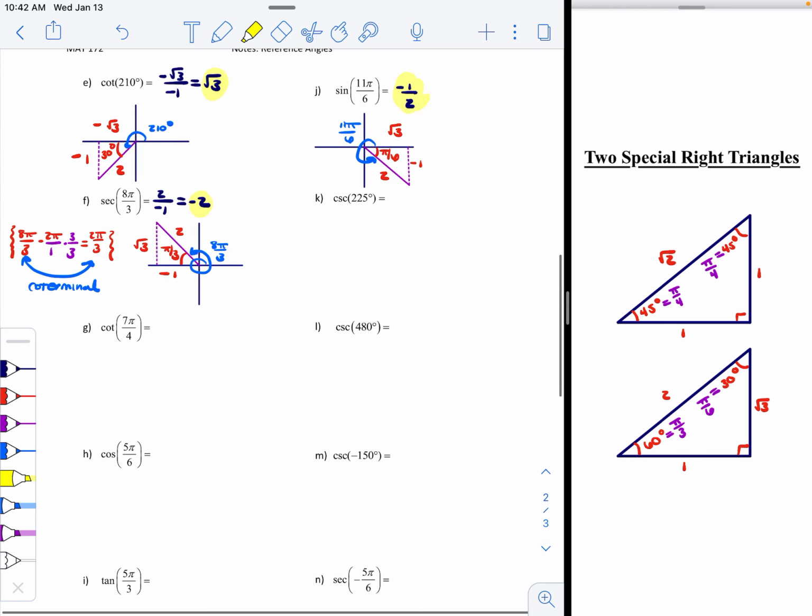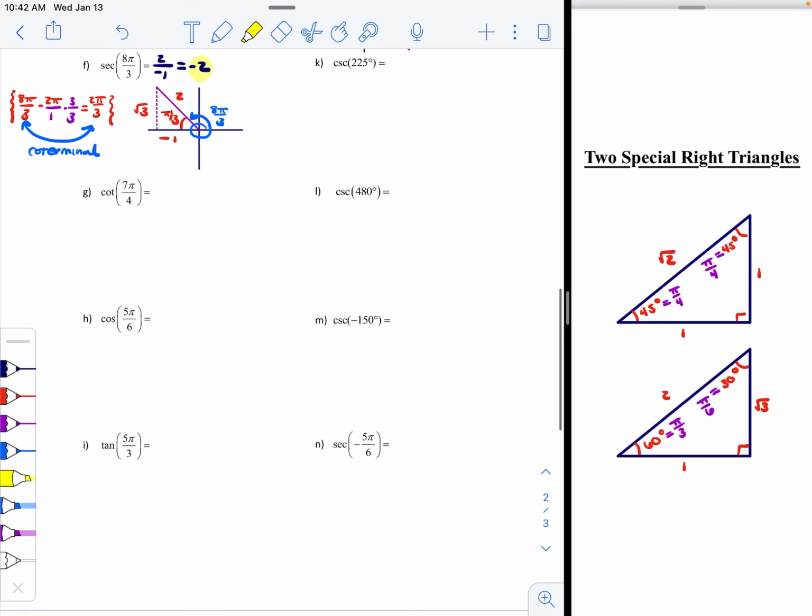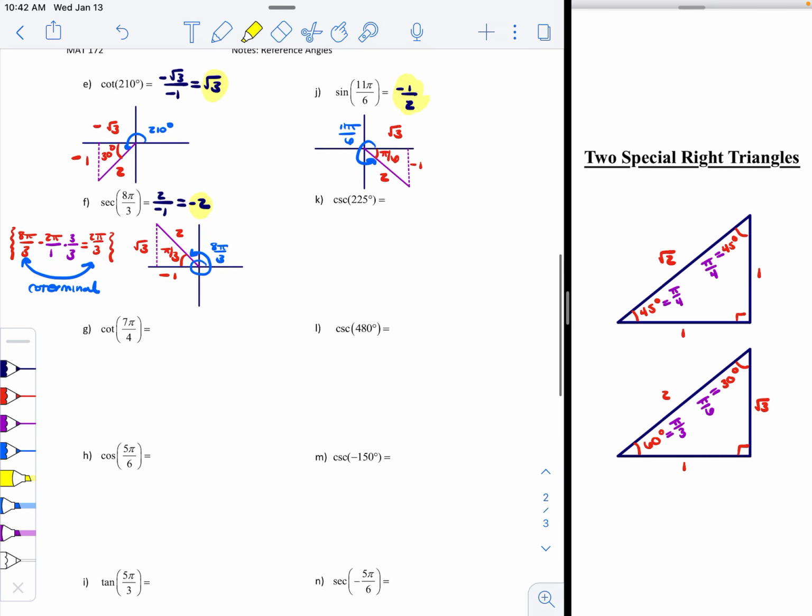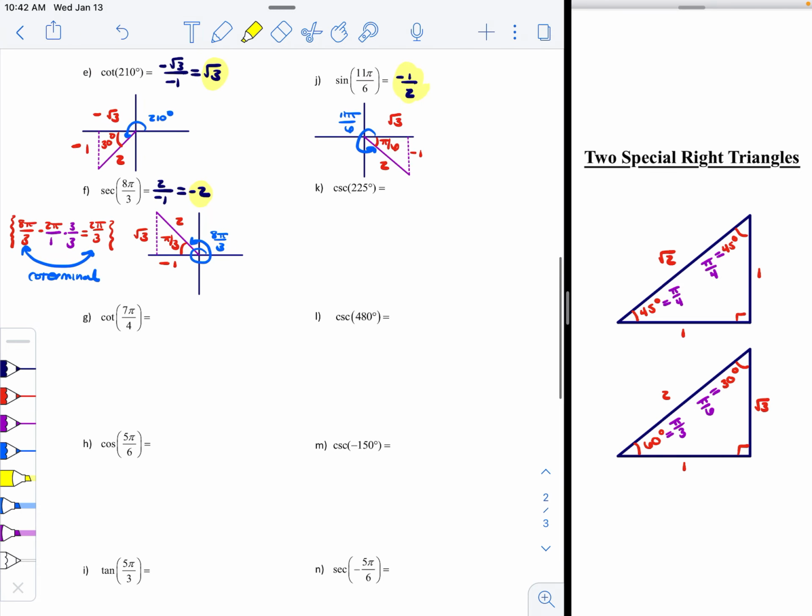Secant is the reciprocal of cosine. So secant is hypotenuse over adjacent. So this is 2 over -1 or -2. Okay, so that is our answer.